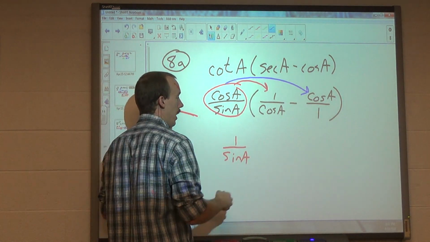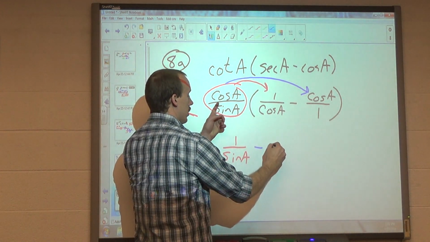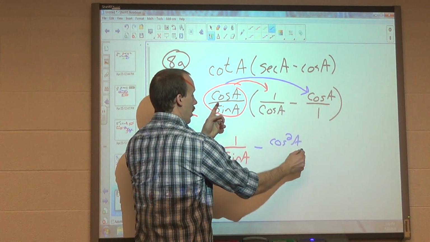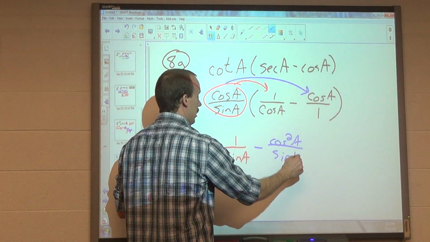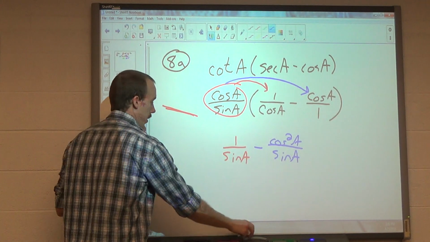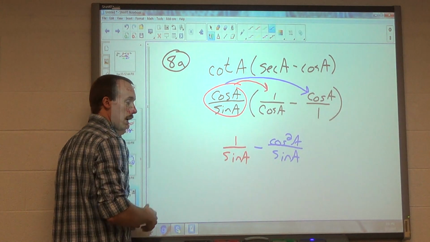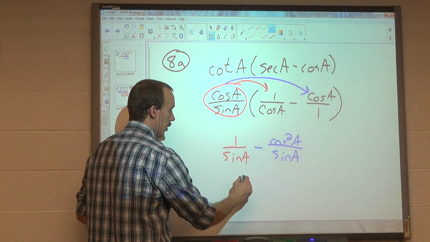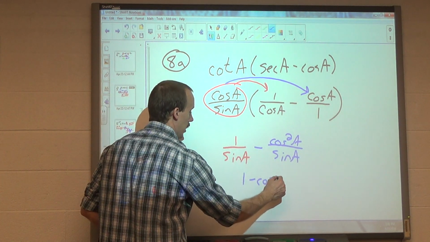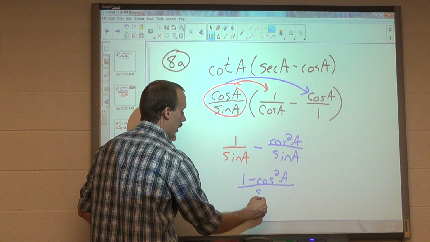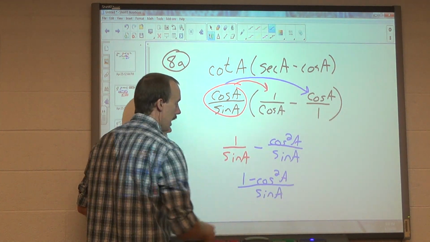What would I end up with? Cosine squared A over sine A. Are these common denominators? Can I combine them now? So I'd have 1 minus cosine squared A over sine A.